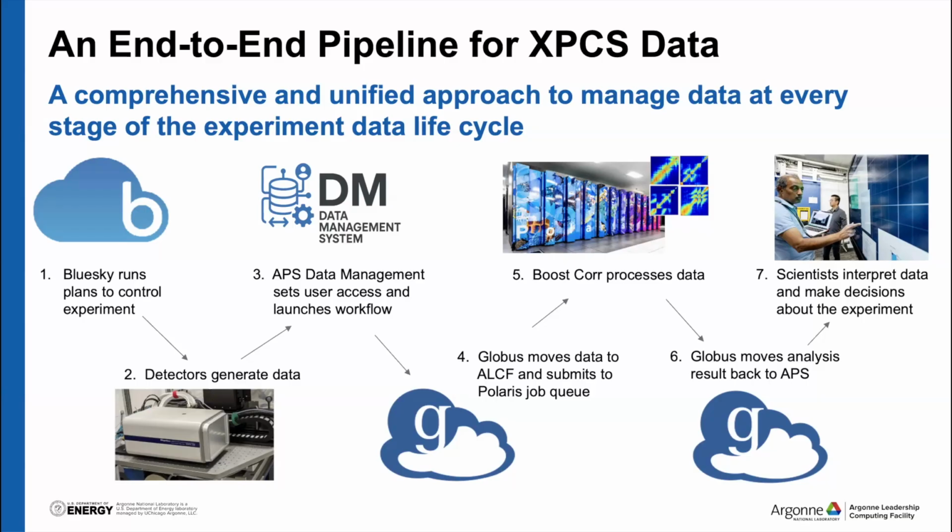From there, it knows the conda environment and how to invoke the MuSIC Core software. So the software will run on Polaris, and that will produce some files which have the result of that data processing. Those files will then be used in a Globus transfer to move them back to the APS file system, where the scientists can interpret that data and make decisions about their experiment.